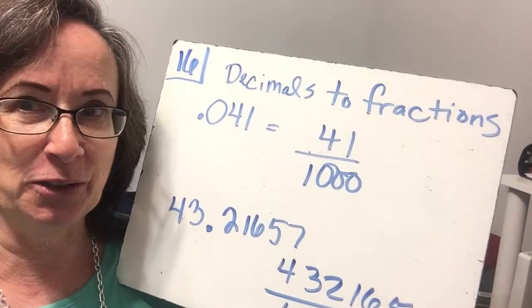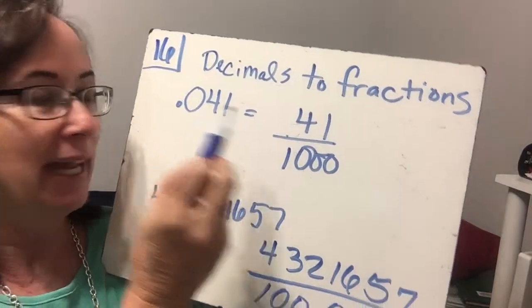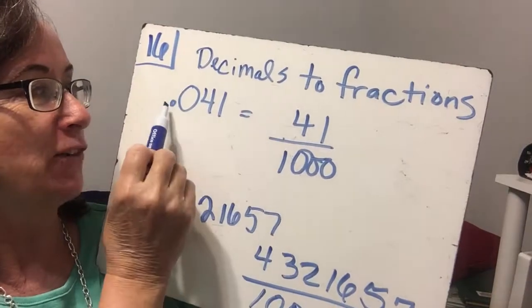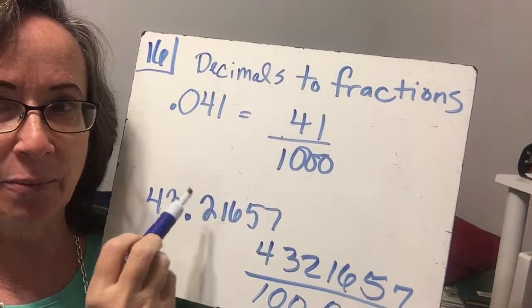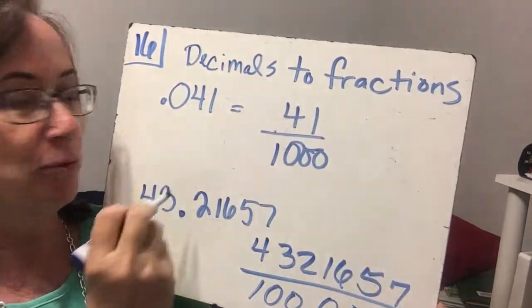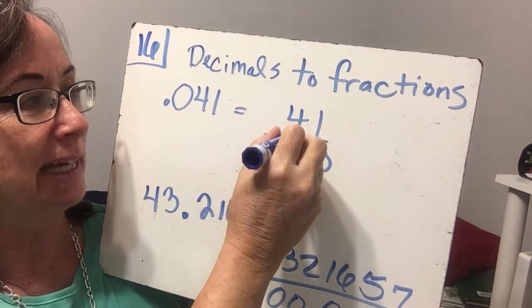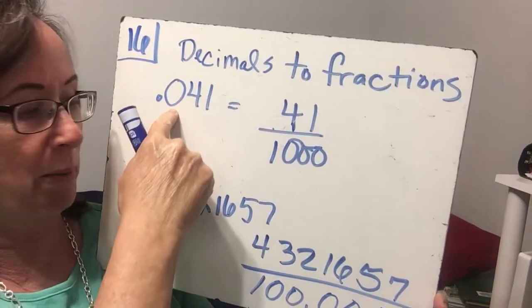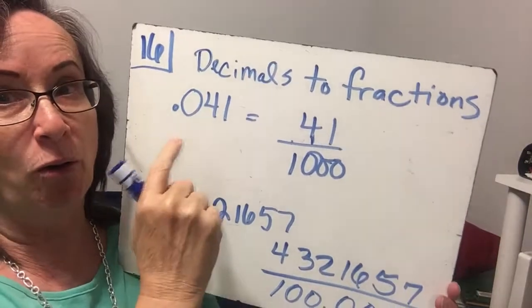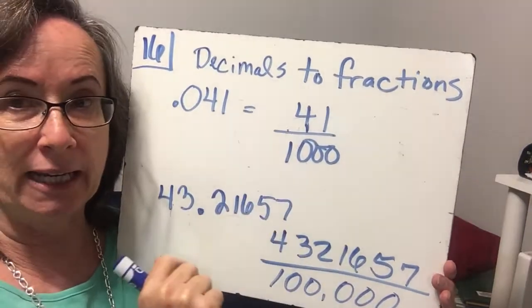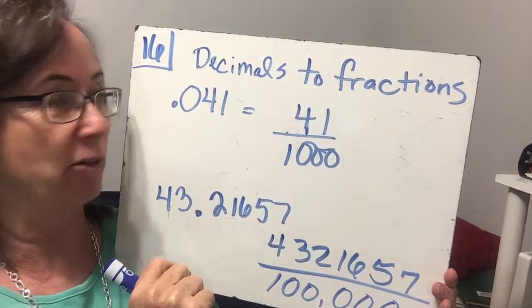And all we have to do to turn a decimal into a fraction is first take off the decimal and the 0 and write only the number that we see. So we see the 41 and we don't need the 0 here because remember that 0 is just holding a place. And we're going to hold that place by putting the correct denominator on there.